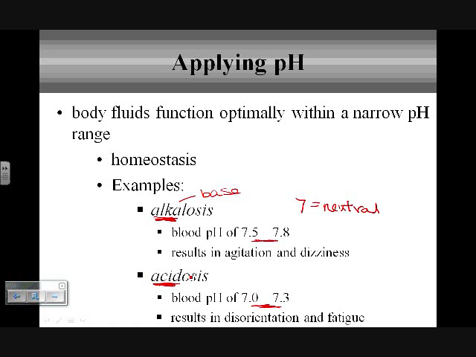So even though it's acidosis, acid, it's still not within the acidic range. That's 7 to 7.3, still on the pH scale considered on the basic side of neutral, versus alkalosis getting slightly more alkaline, right? So just something to keep in mind.